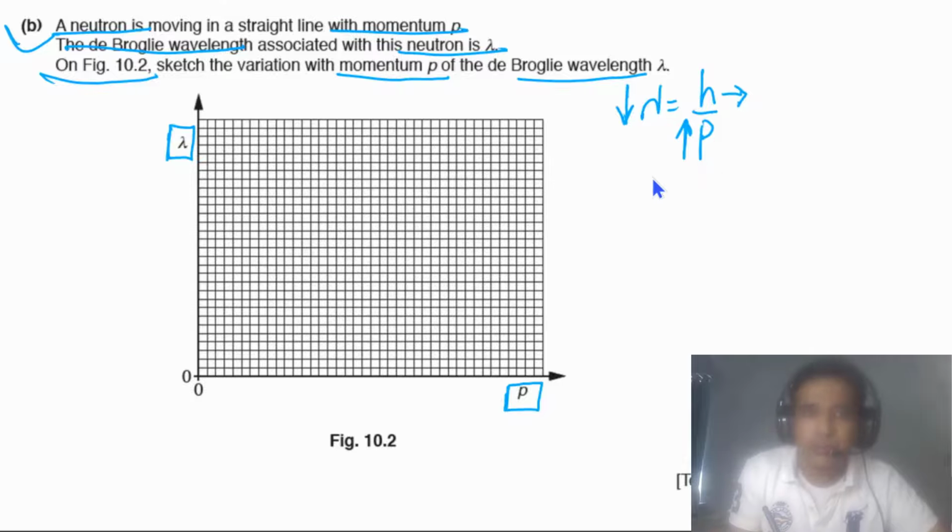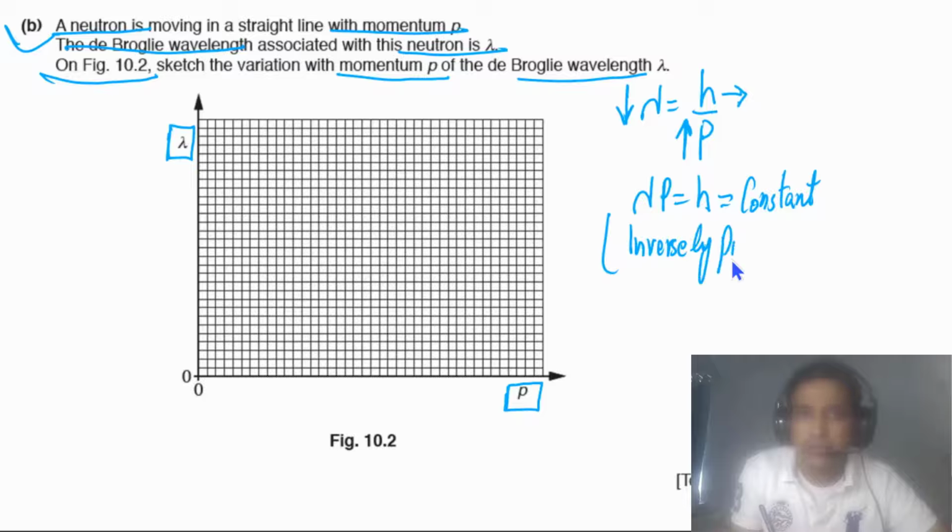So lambda times p is equal to a constant, Planck's constant. So the relationship between these two quantities is an inverse relationship, or simply we can say they are inversely proportional. So the shape of the graph has to be a rectangular hyperbola.